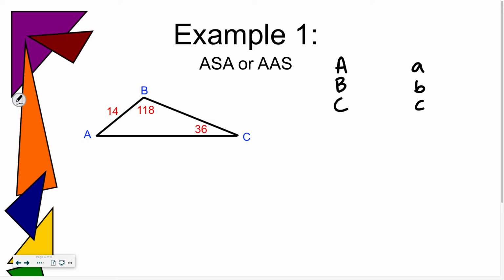And if you want, you can fill in B is 118, C is 36, and what side is that? 14? It'll be side C because it's opposite of angle C. So we'll say C is 14. So you have to find angle A, and you have to find side A and side B.